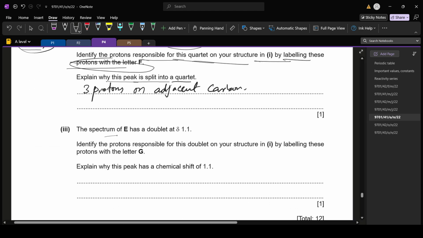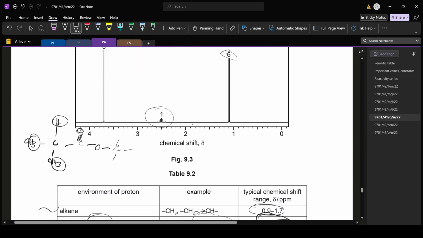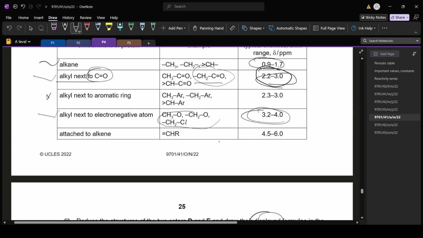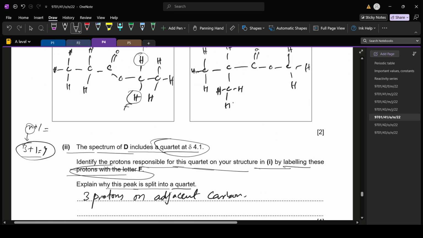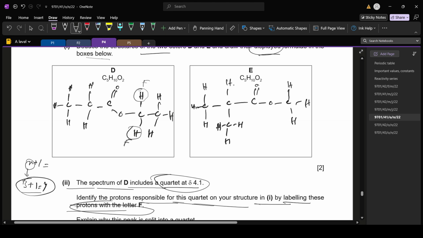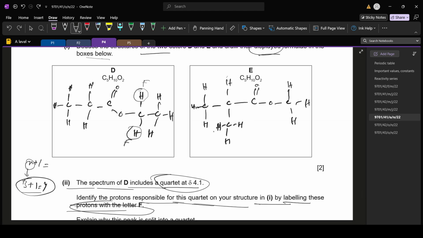Now the spectrum of E has a doublet at 1.1. Now identify the protons responsible for this doublet. So the protons responsible for this doublet are these protons.